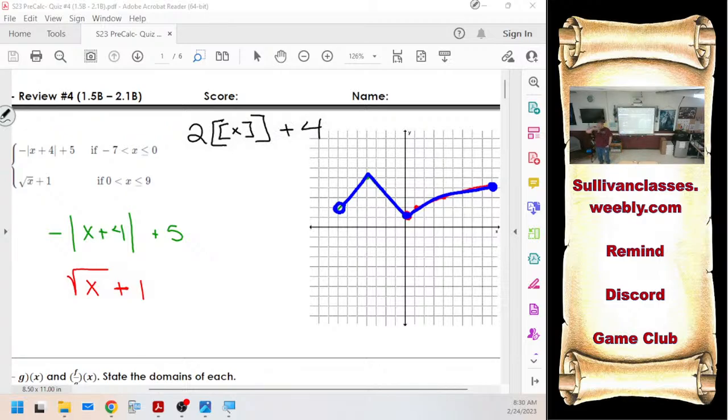So I'm going to start with vertical translation up 4. Color. There we go. And greatest integer is 4 until I hit the next integer. And that's a vertical stretch by 2.